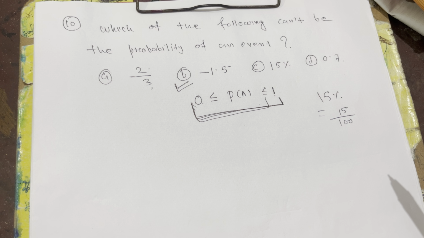Always remember, when the numerator is smaller than the denominator, the decimal form of that fraction is always in between 0 and 1, greater than 0 but less than 1. Okay, hope you understand. This is not hard, it's easy.